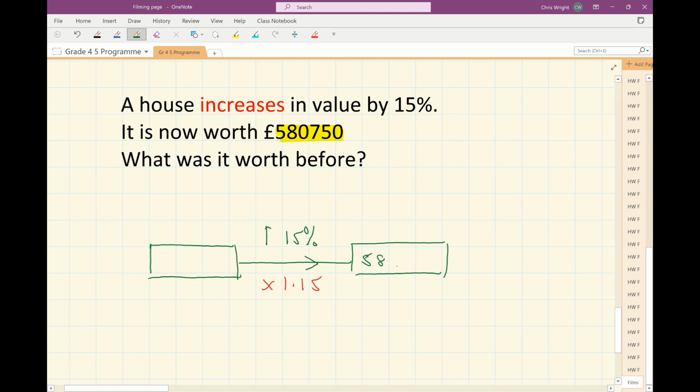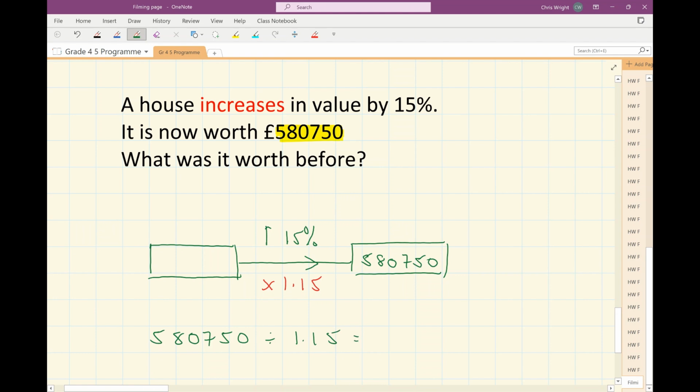And we are then given the value after that increase, 580,750. So if we're going backwards, we're going to do 580,750 divided by 1.15.